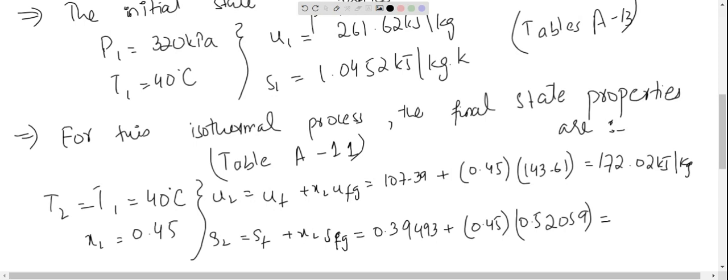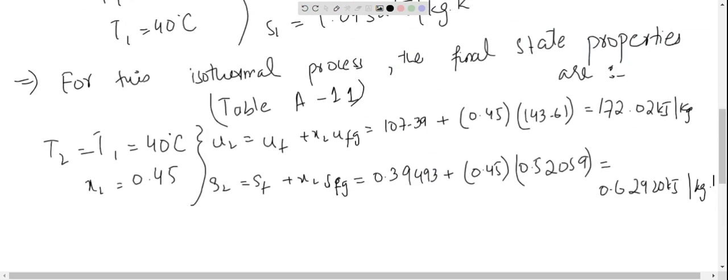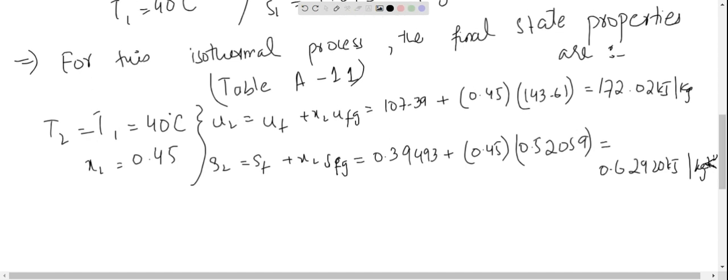So this equals 0.62920 kilojoule per kg into Kelvin. So we write like this, per kg into Kelvin.